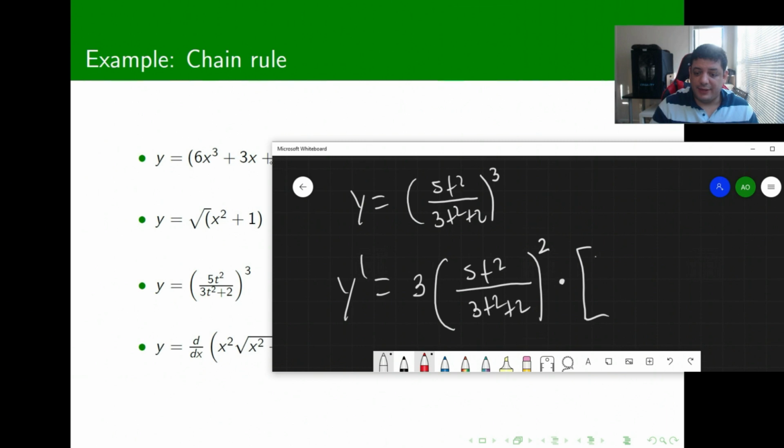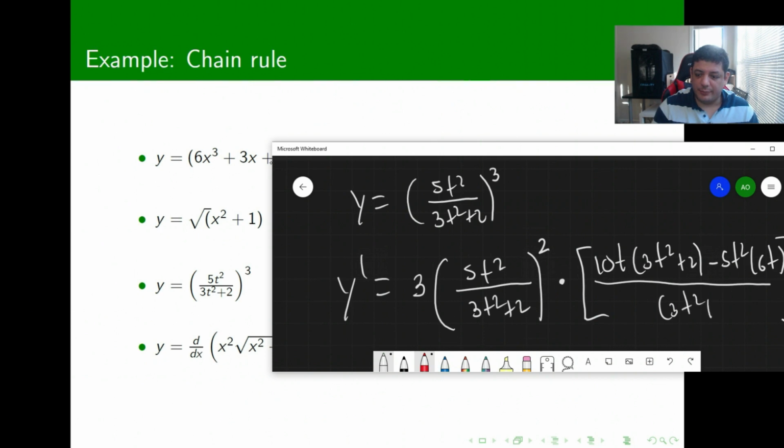So we have 10t times 3t squared plus 2 minus 5t squared times the derivative of 3t squared plus 2, which is going to be 6t, over 3t squared plus 2, squared.